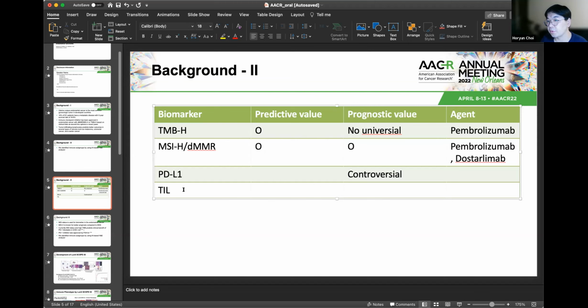The reason why I researched this is that our finding, the subgroup, is associated with the tumor infiltrating lymphocyte.